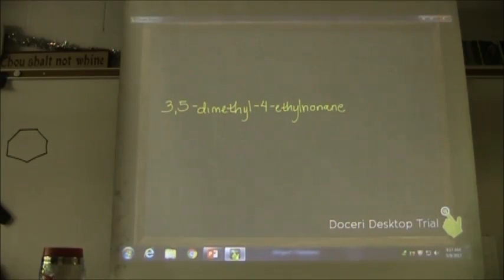Is there only one answer for this? When you draw things, not really, because me personally, I'm going to start at the end, and I'm going to draw the 9 carbons out straight. You could draw 9 carbons in a zigzag shape if you want to. As long as the methyls and the ethyl are joined to the correct number carbons, the shape that you draw them doesn't matter.